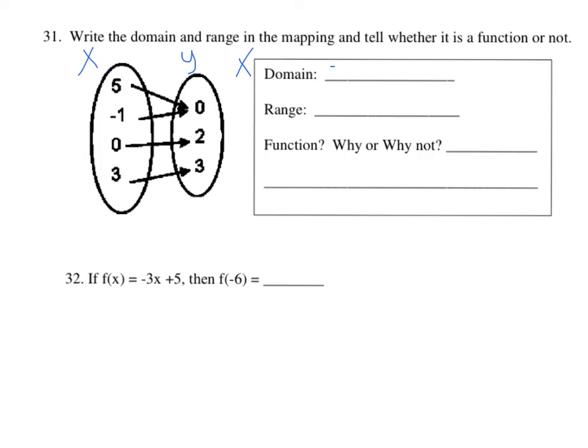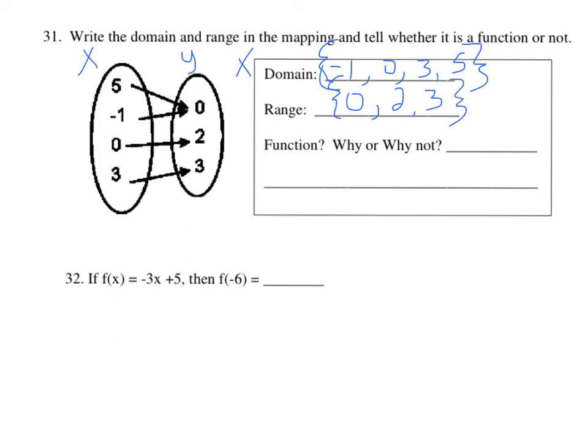So we have -1, 0, 3, and 5, and we do our little squiggly brackets around that. And our range is going to be the list of y values. So we have 0, 2, and 3. We write those in least to greatest as well with our little squiggly bracket.